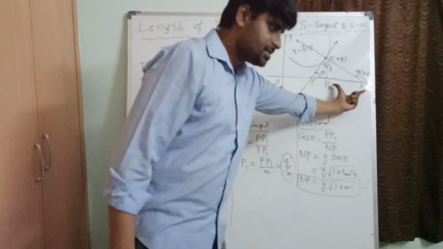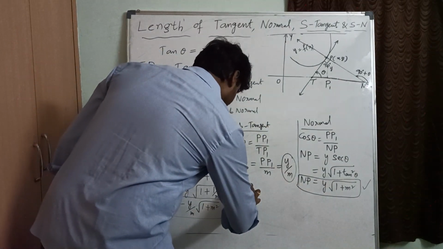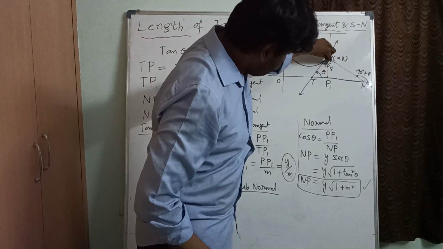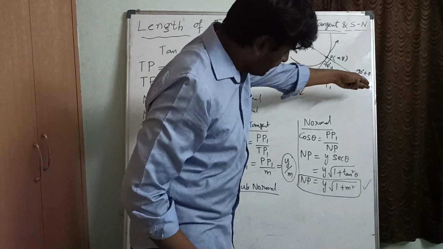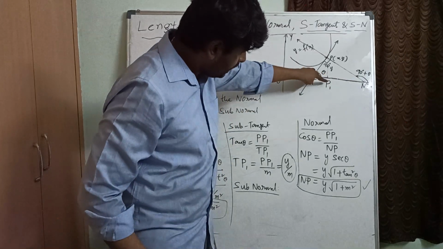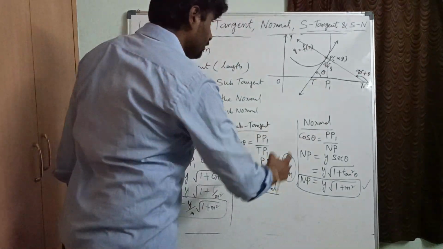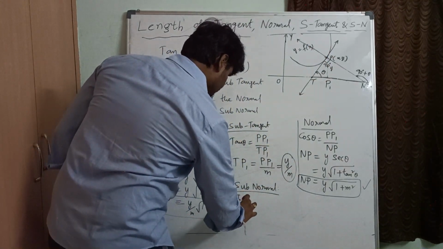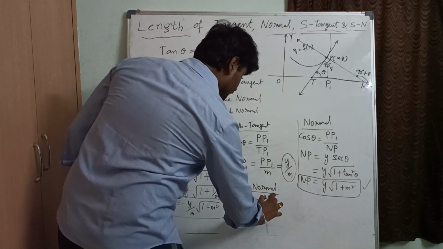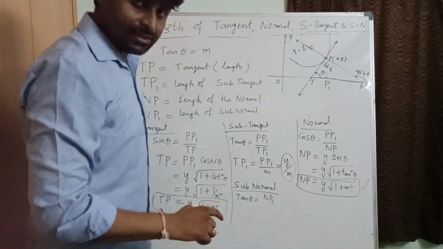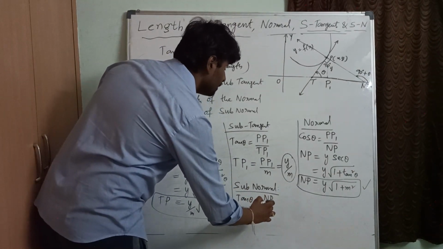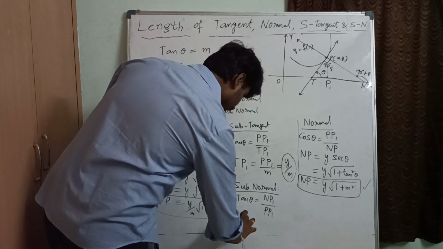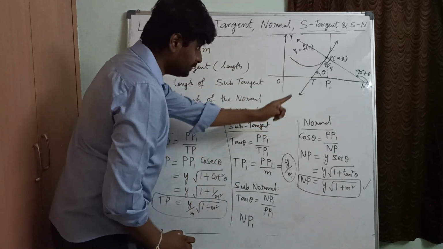Now let us find the length of subnormal. Observe the angle here. Subnormal means this one by this one. Can I take tan again? Opposite by adjacent. For this angle, opposite is NP1 and adjacent is PP1. So tan theta equals NP1 by PP1, because I need NP1, the length of subnormal.